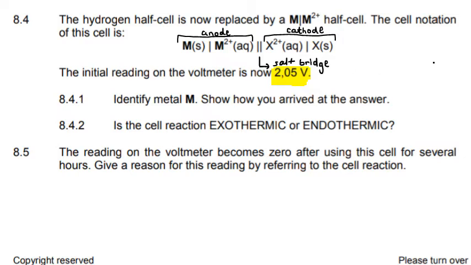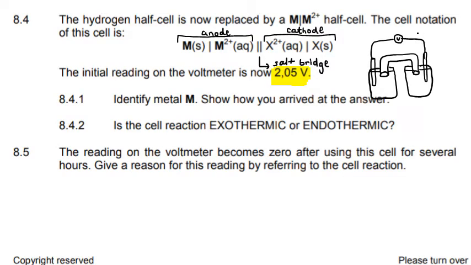So if we try to imagine this, we know that we're going to have a salt bridge, and this salt bridge is going to be dipped inside of two separate half cells, and in these half cells we need some sort of electrodes.